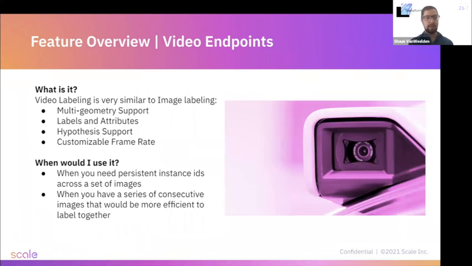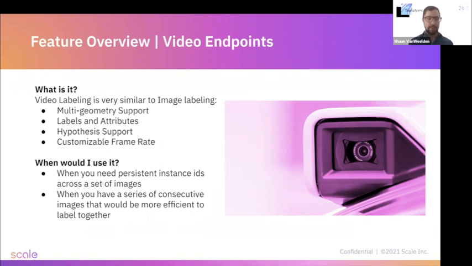Talking about what we can do in our overall video endpoints. So the video labeling today is very similar to the image labeling, actually. We still support all of the multiple geometries in one single task type. We support the labels, the display values, the attributes, and whatnot that you would expect from the image labeling. We still support the hypothesis as well, along with a customizable frame rate to support easy upsampling or downsampling on both task types there.